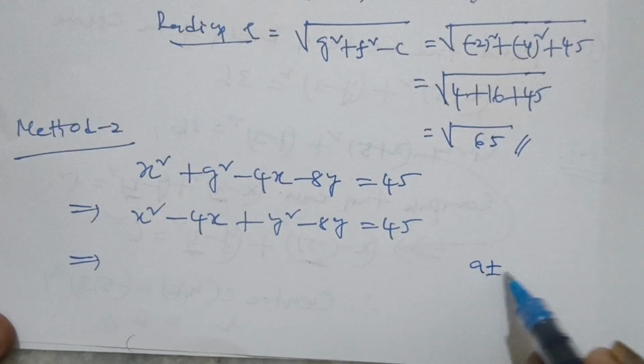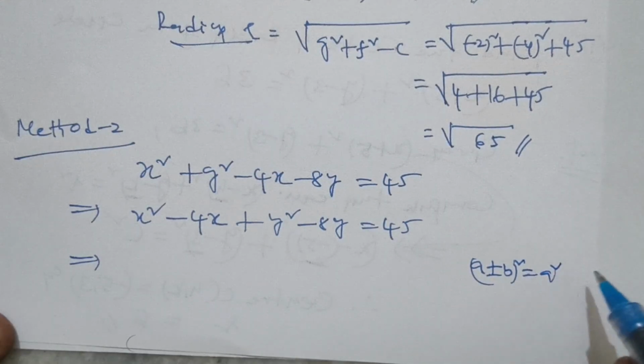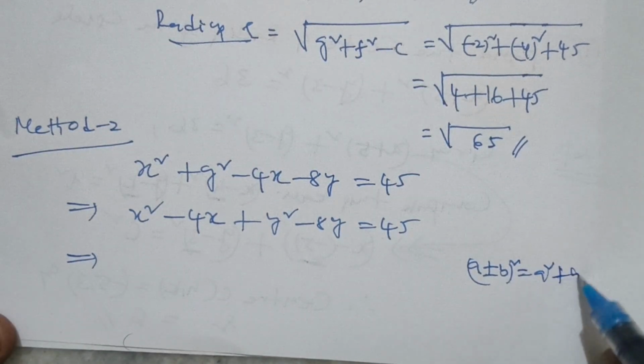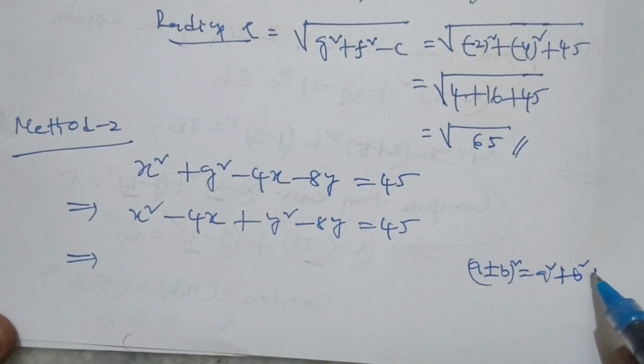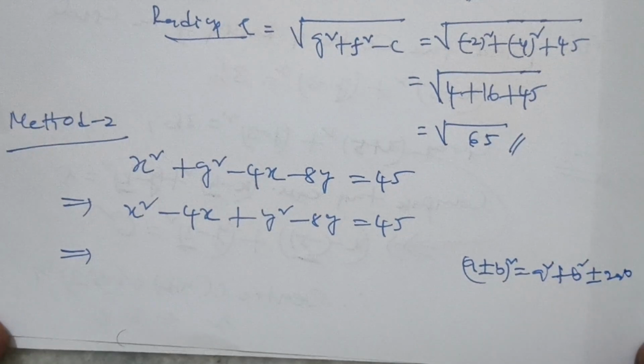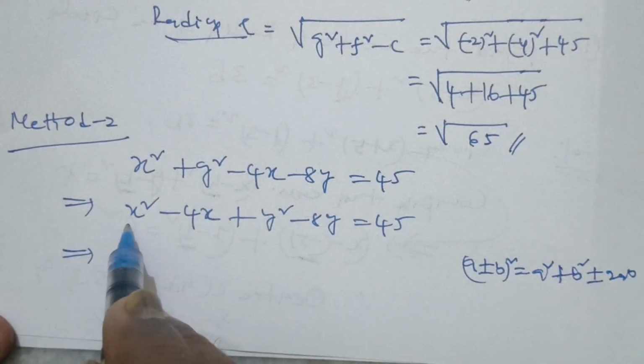Now convert this equation, the x values, into completing the squares by using the formula a plus or minus b whole square equals to a square plus b square plus or minus 2ab.